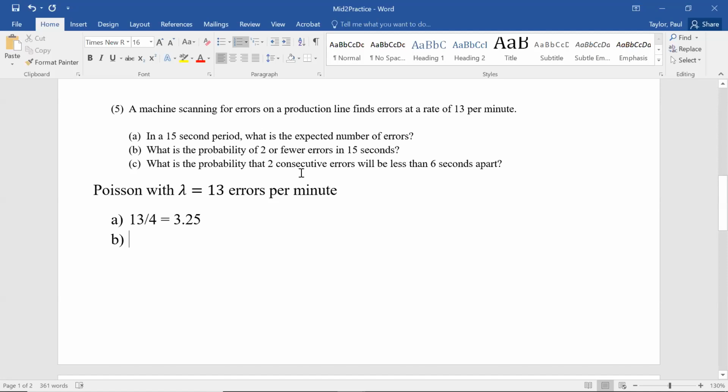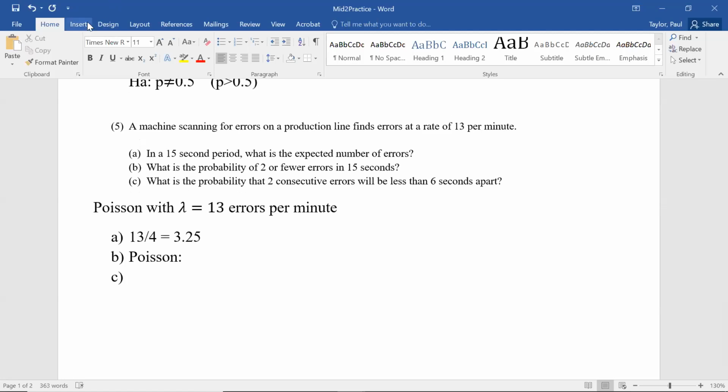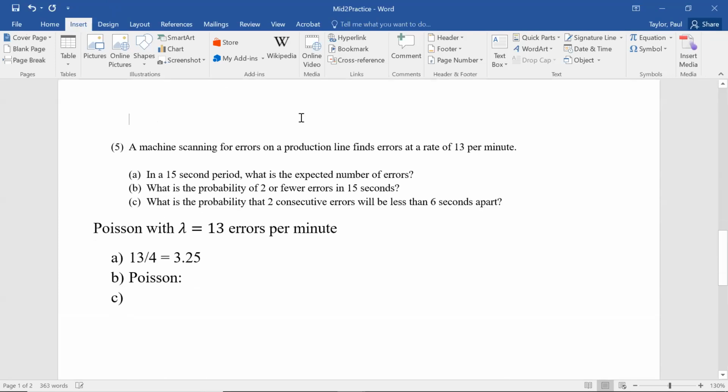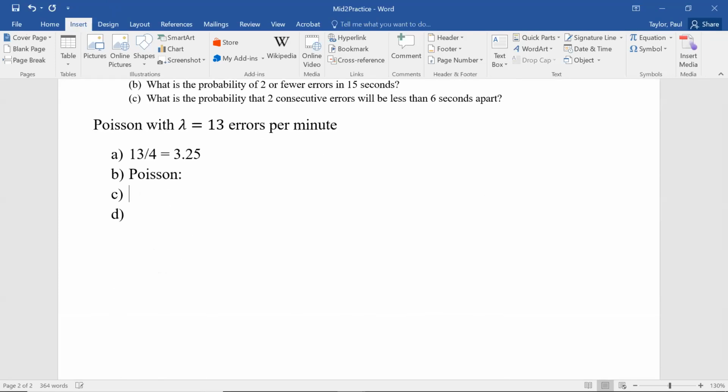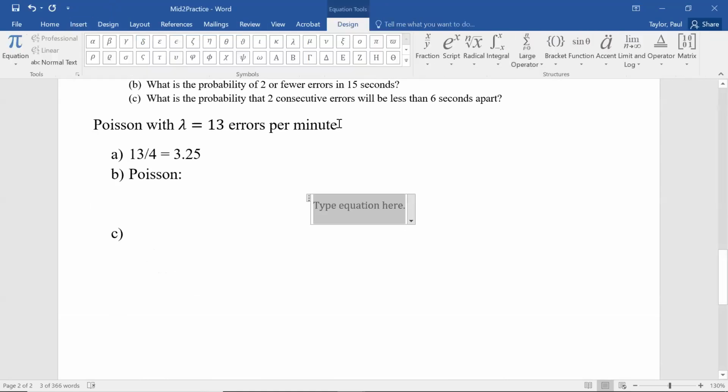That is a Poisson setup. If you have a certain amount of time and you don't know how many hits you're going to get, that is a Poisson distribution question. So let's plug everything into a Poisson distribution probability formula.